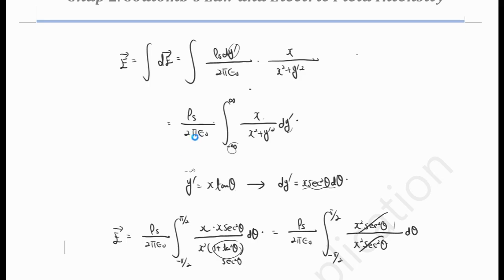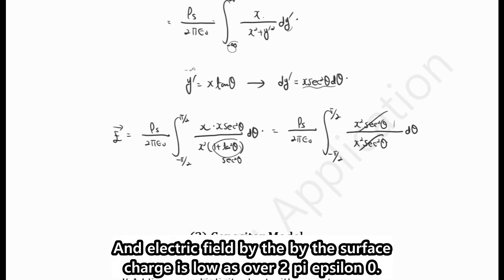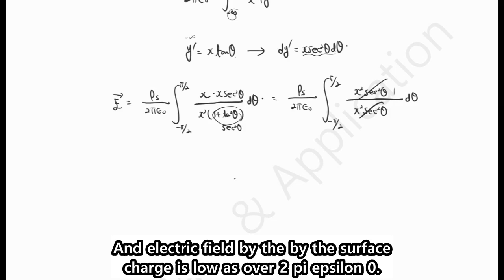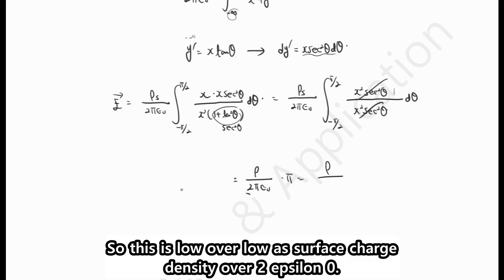The electric field by the surface charge is rho_S over 2 pi epsilon_0 times pi, so this is rho_S, the surface charge density, over 2 epsilon_0.